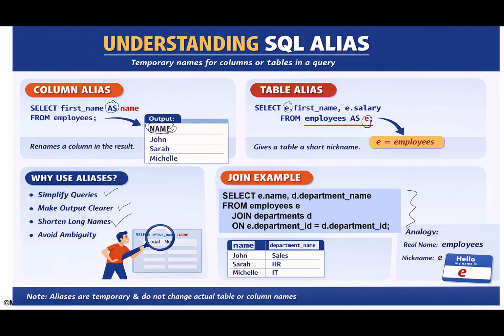I need data from the employee table and department table. And the reason I can combine data from the two tables is they share a common column, a primary key, foreign key pair as a relationship. So the column is, in this case, called department ID in both tables.